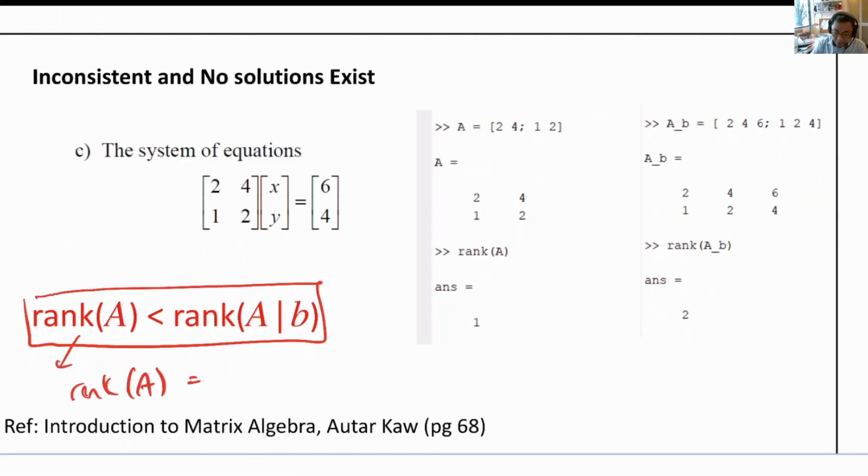Is there an easier way to find out whether the problem is consistent, or if no solution exists? There is.